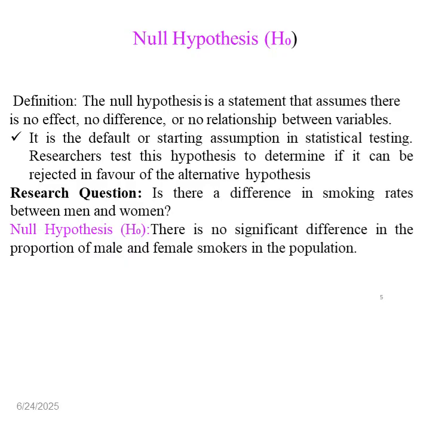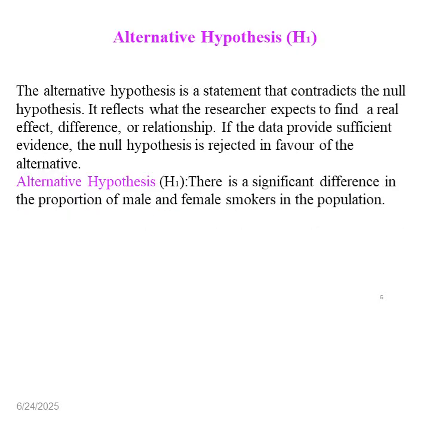Let us see the alternative hypothesis. The alternative hypothesis is a statement that contradicts the null hypothesis. It reflects what the researcher expects to find: a real effect, a difference or relationship. If the data provides sufficient evidence, the null hypothesis is rejected in favor of the alternative.